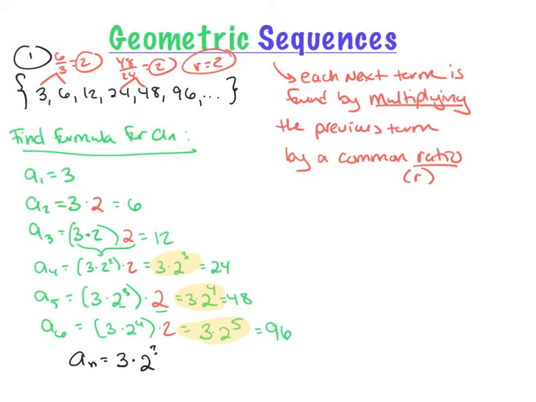Now let's look at the exponent on those 2's. When n equals 6, the exponent is 5, one smaller. When n equals 5, the exponent was 4, one smaller. When n equals 4, the exponent was 3. So for the generic case of just n, we have 2 to the n minus 1, one smaller.